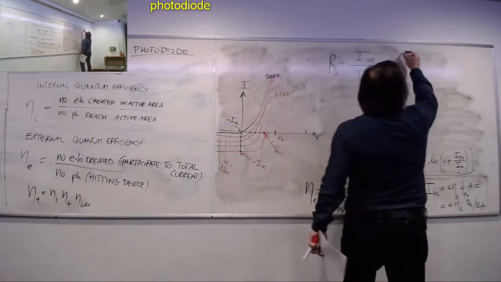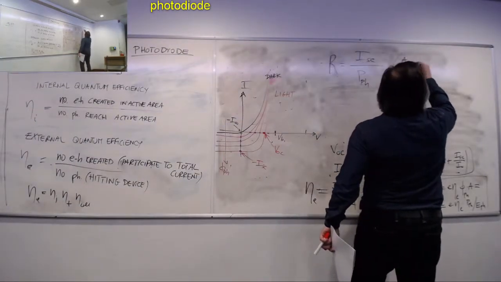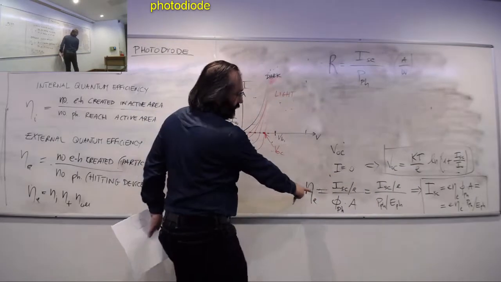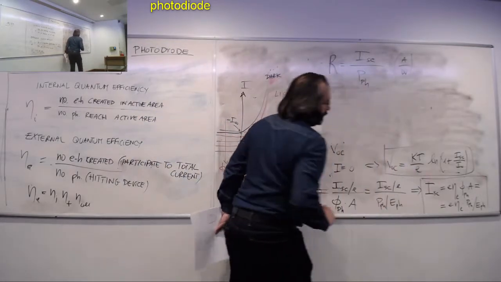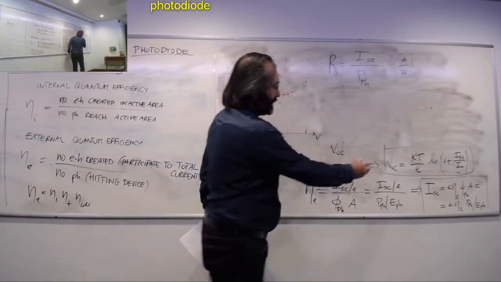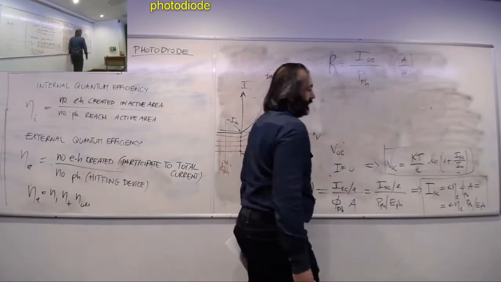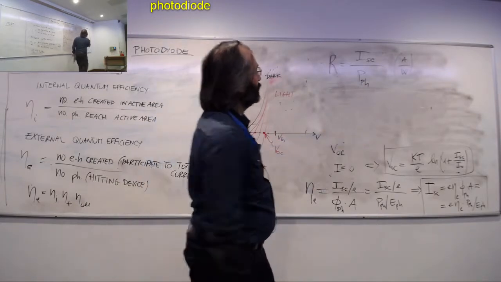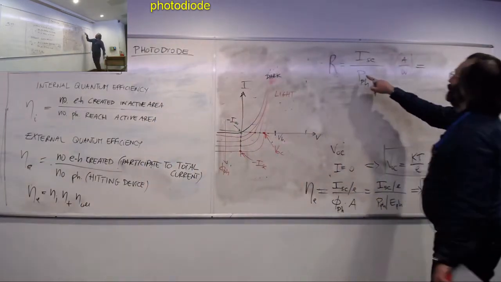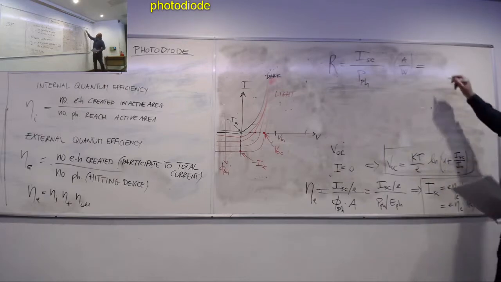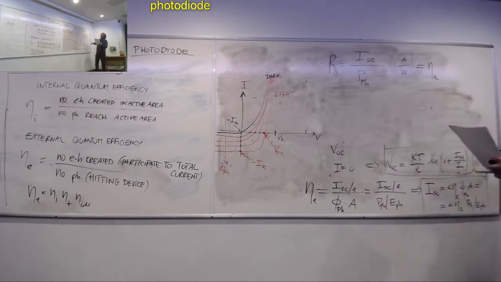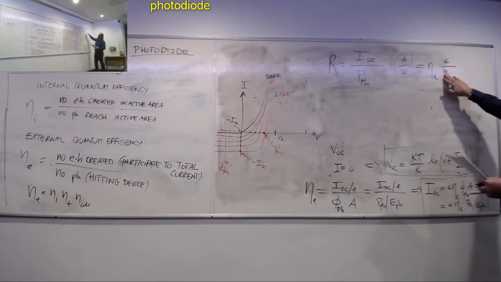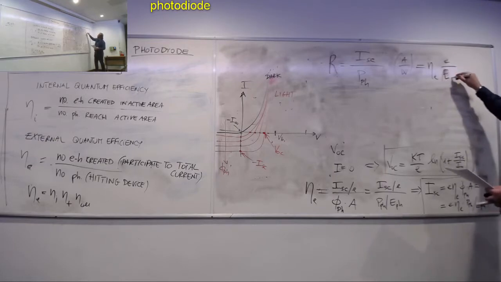And so this is clearly measured in amps per watt. And so by looking at this relation we've just realized that exists between ISC and all the rest, we can also write the responsivity as eta E over E of the photons.